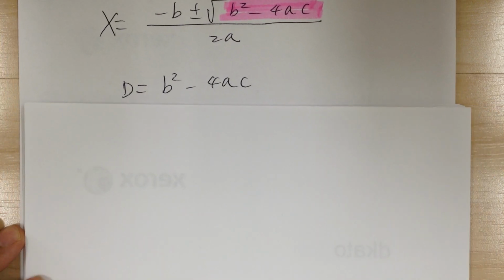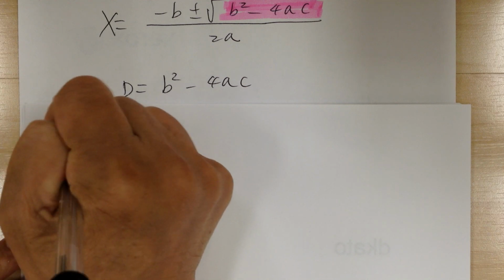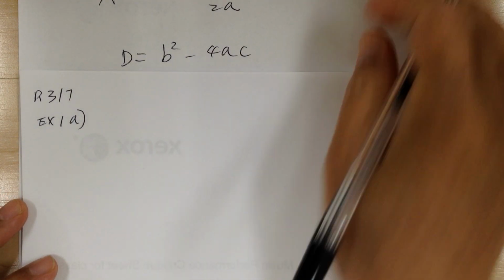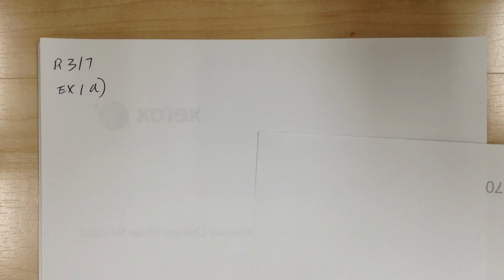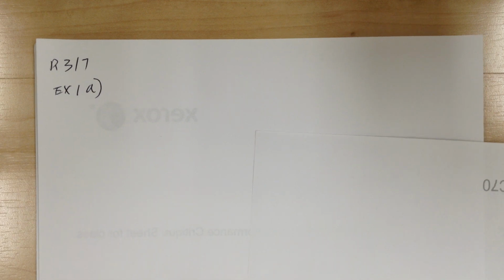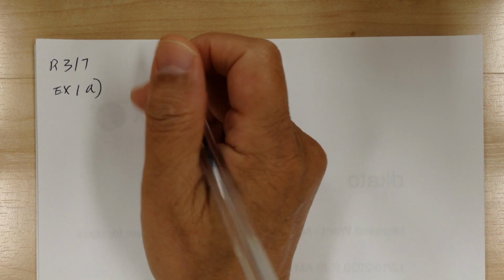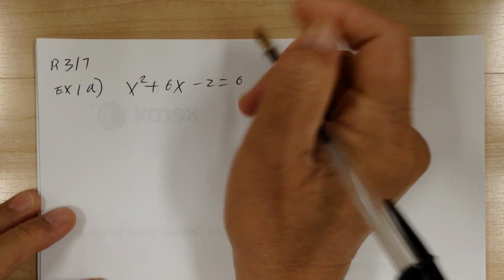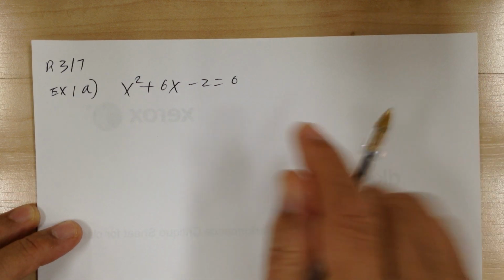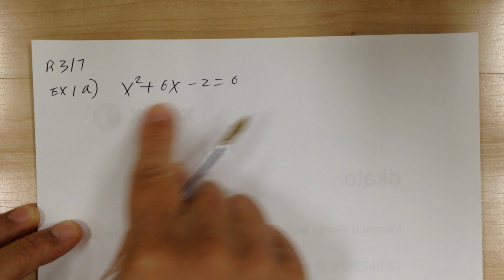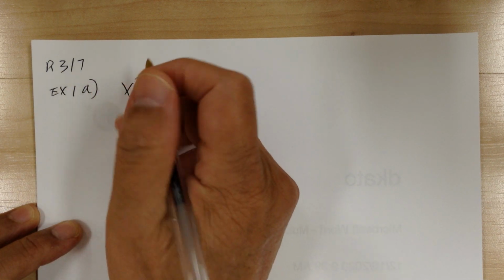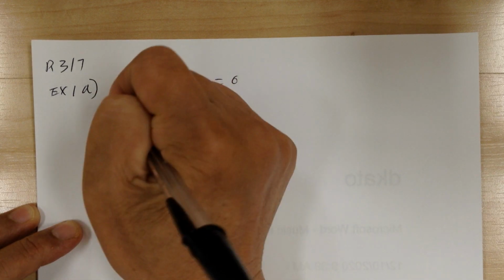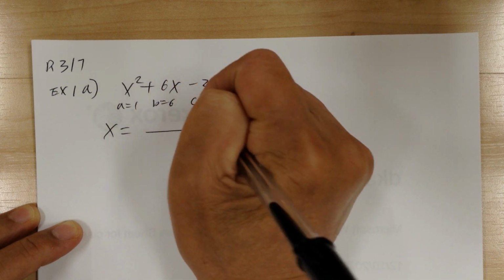So let's go to example 1a. Just keep this in mind. We have x squared plus 6x minus 2 equal to 0. Now if you were to solve this, remember, when you use the quadratic formula, a equal to 1, b equal to 6, c equal to negative 2.